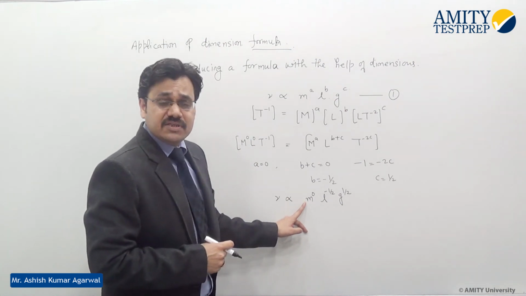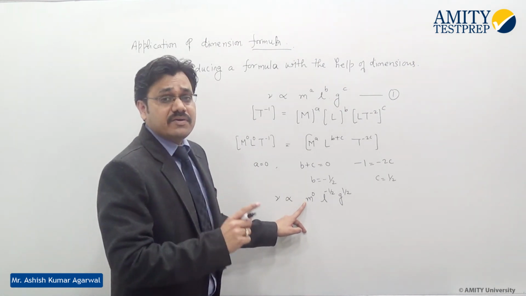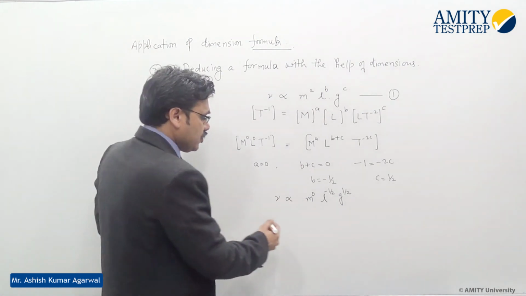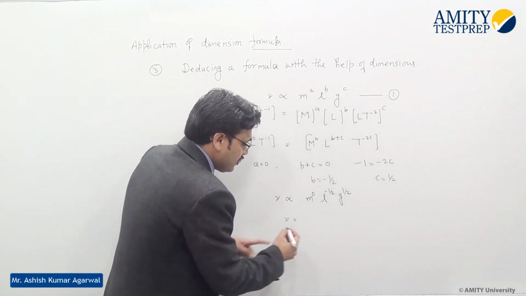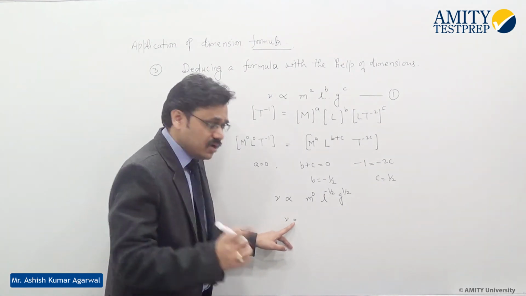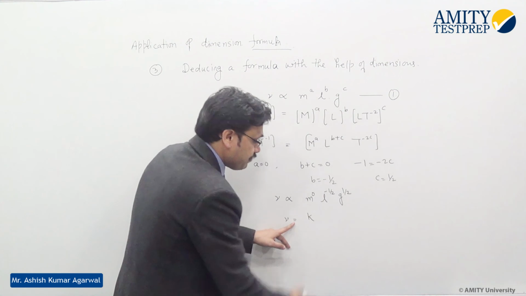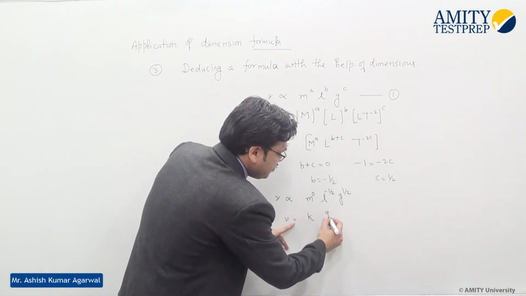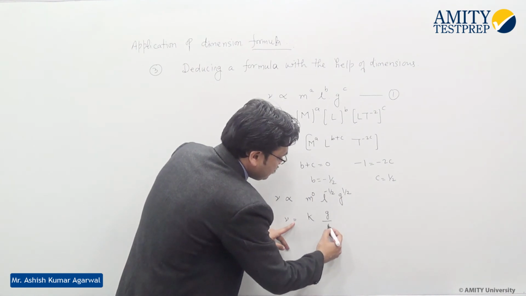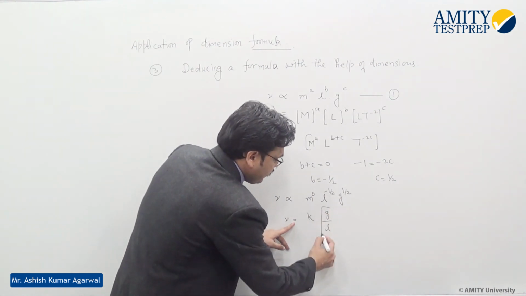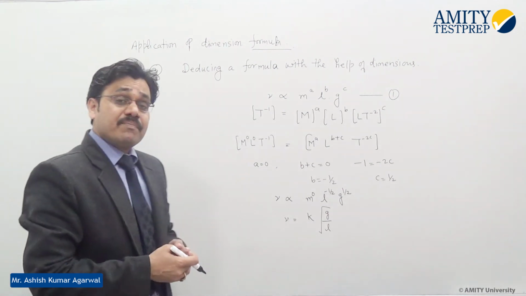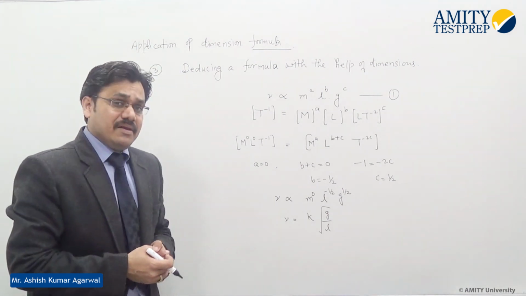When the dimension is 0, it is not related, which means this frequency is independent of mass. Again, to replace this proportional sign I have to put a constant. Let the constant be k, with g to the power half, meaning under root, and L to the power minus half, meaning divided. So the formula for frequency will be equal to k under root g by L.